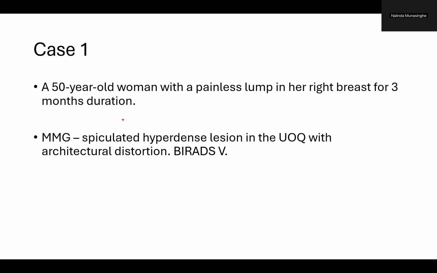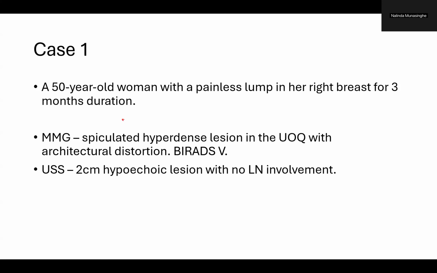The microcalcifications that depict malignancy are the ones that are pleomorphic and heterogeneous, less than 5 millimeters in size. So there's a very peculiar pattern that you will see in a mammogram, malignant-looking microcalcifications. And sometimes there will be skin edema if there's an involvement of the lymphatics as well.